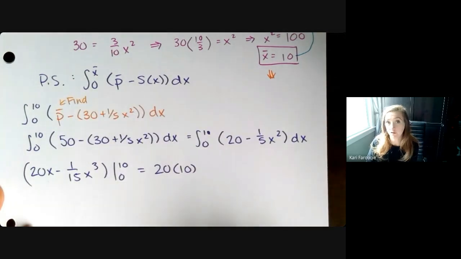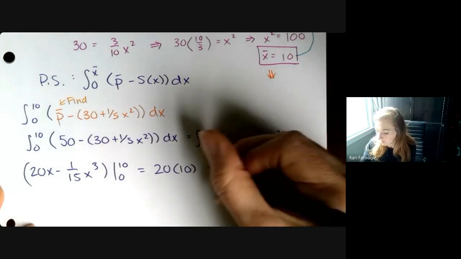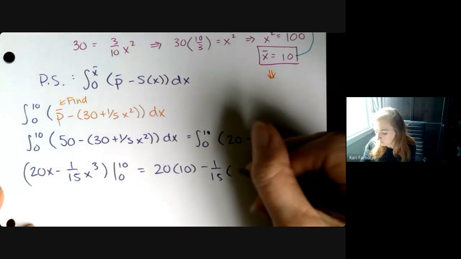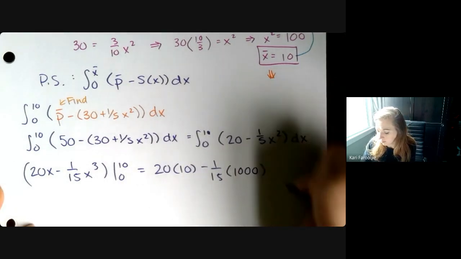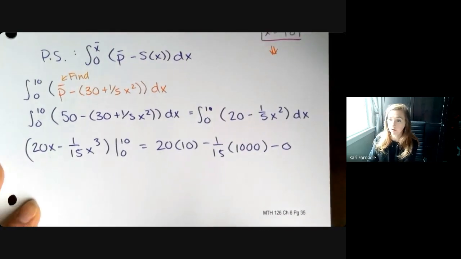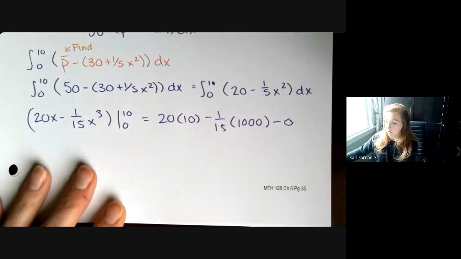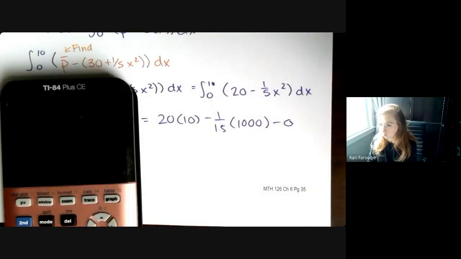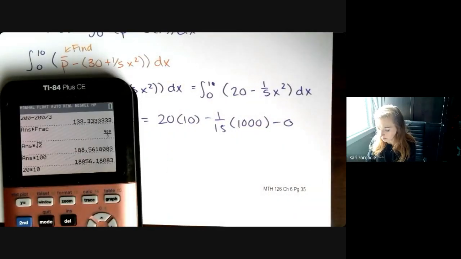I'll use the FTC to simplify. 20 times 10 minus 1/15 times 10 cubed, which is 1,000. And when you take off the lower limit, you're just taking off 0 in that case. So I'm going to be taking 20 times 10 minus 1,000 divided by 15.